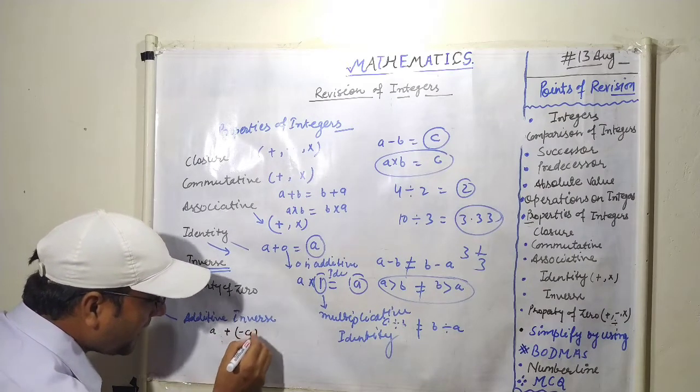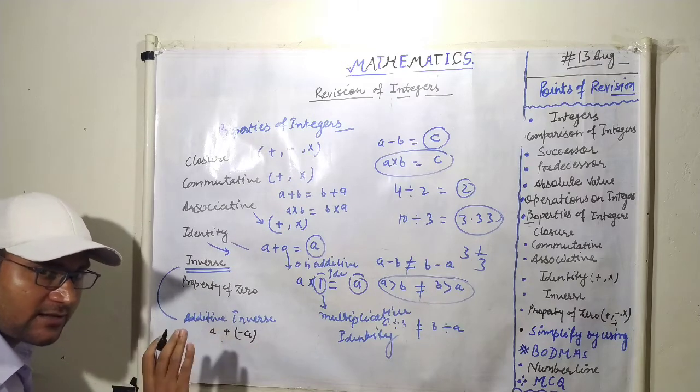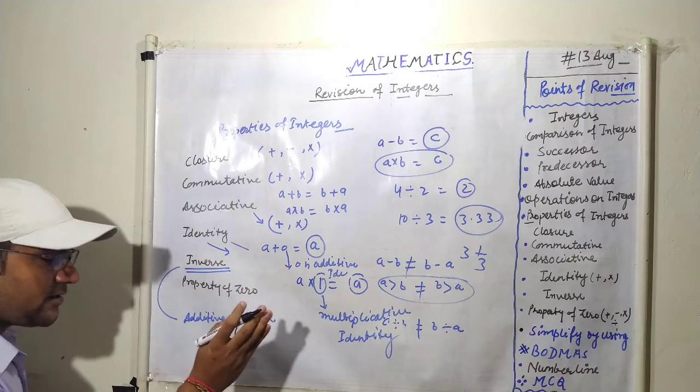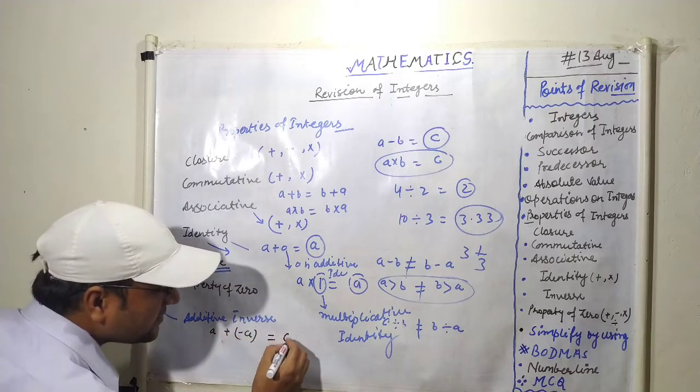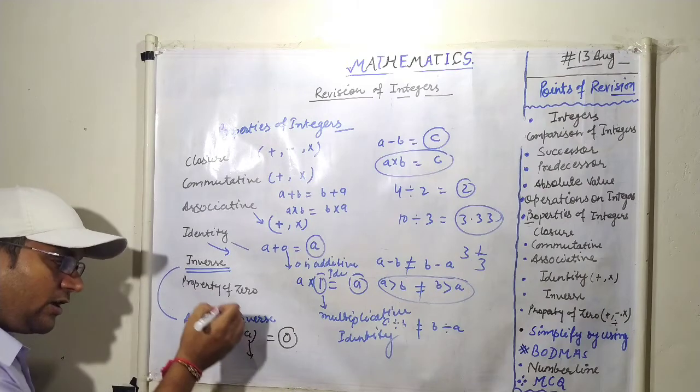If I add a and minus a, the same value with the opposite sign, you get 0. Then this is known as the additive inverse.